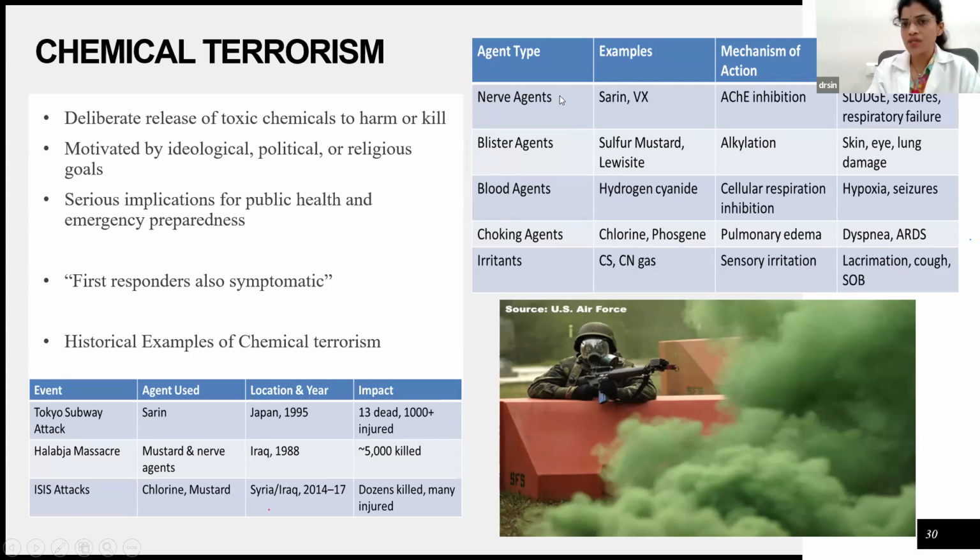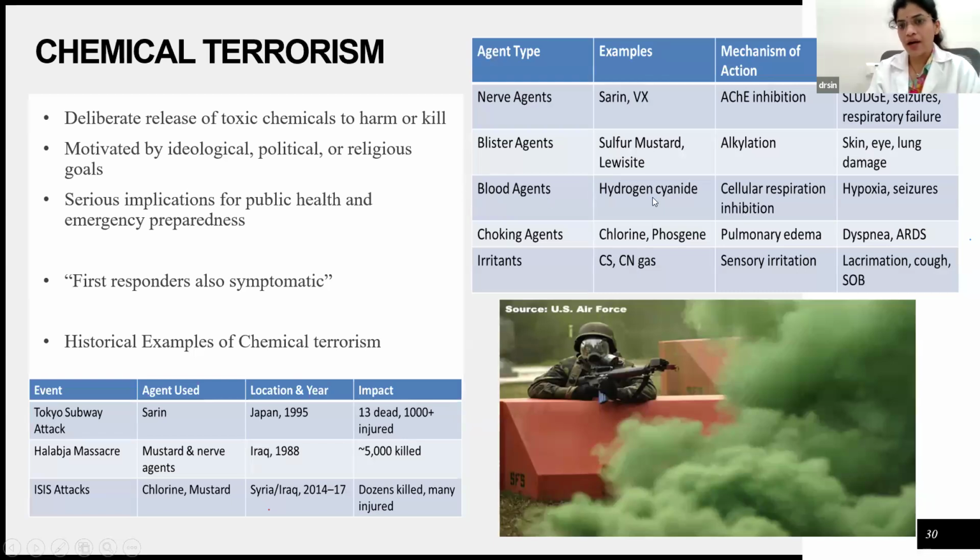Nerve agents include sarin, soman, and others, and their mechanism of action is acetylcholinesterase inhibition. They come to us with SLUDGE symptoms. In the case of blister agents like sulfur mustard and lewisite, the mechanism of action is alkylation, and people come to us with skin, eye, and lung damage.